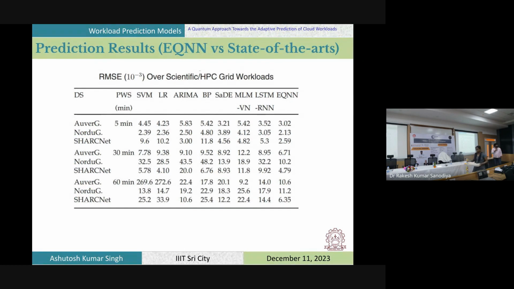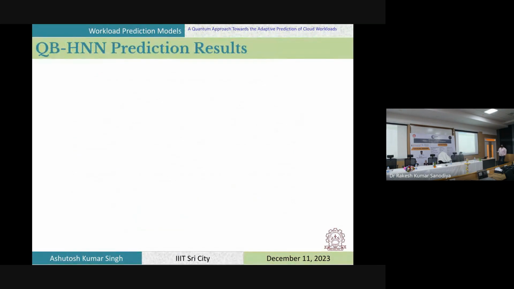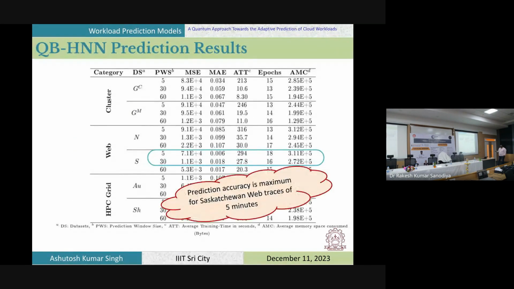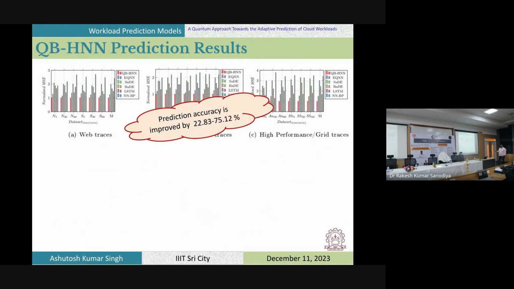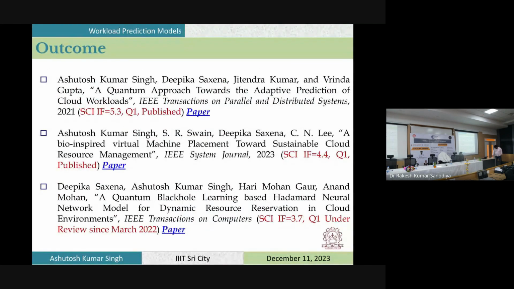So we can bear with this. Again, you can see the prediction accuracy improved by 25 to 95%. Some places 95%, some like 22 to 75.12%, and all this data we have taken.